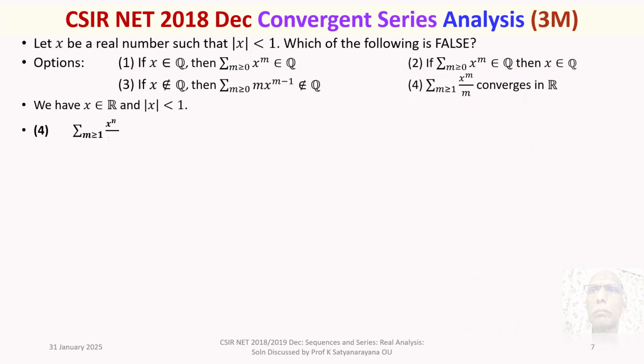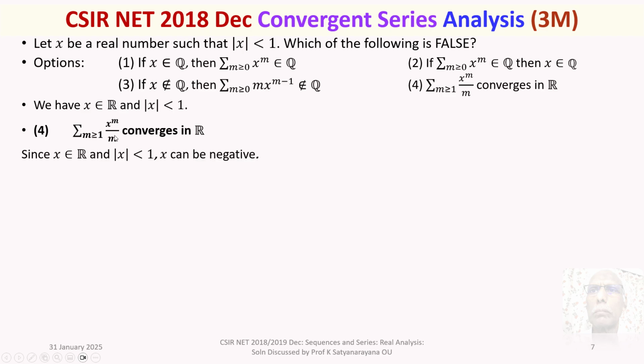Now we consider option 4. Sigma m greater than or equal to 1 of x to the power of m by m. So this is a series that converges in R. Agreed. Now x belongs to R and mod x less than 1, so x can also be negative.